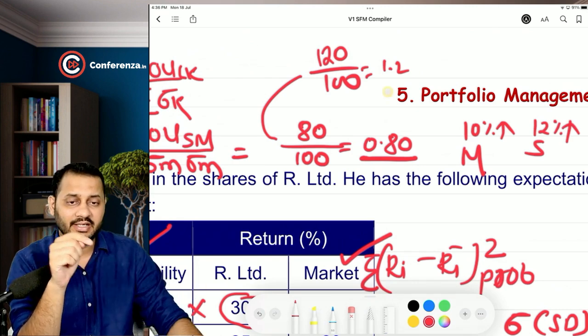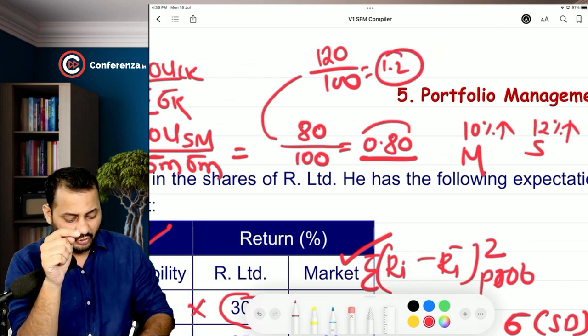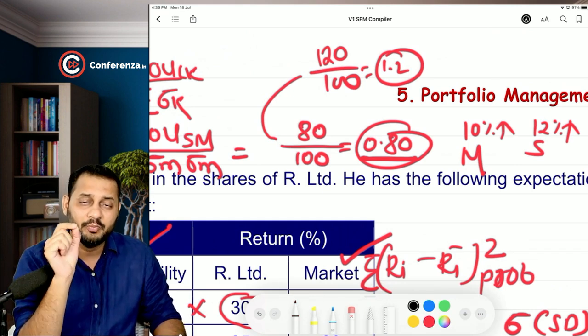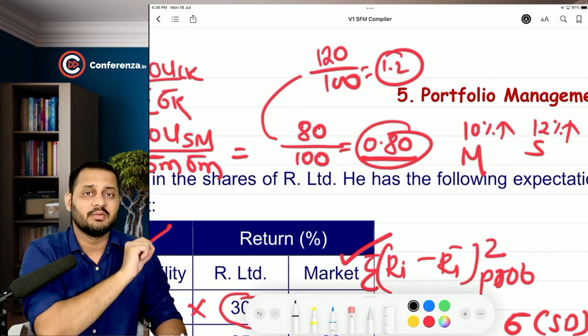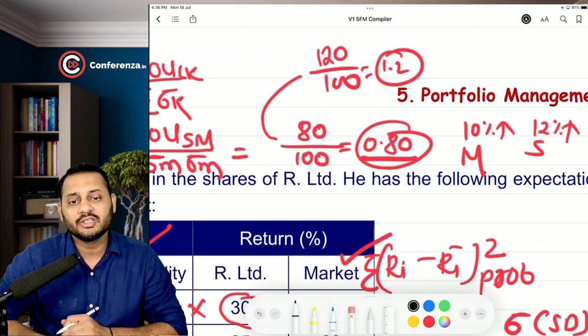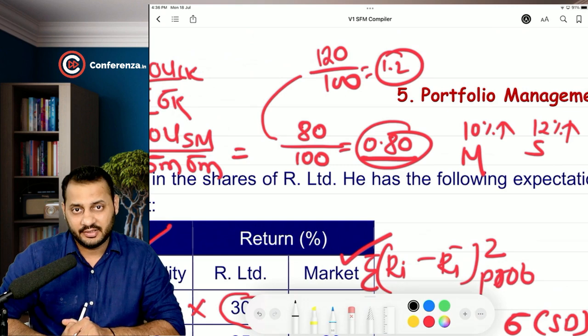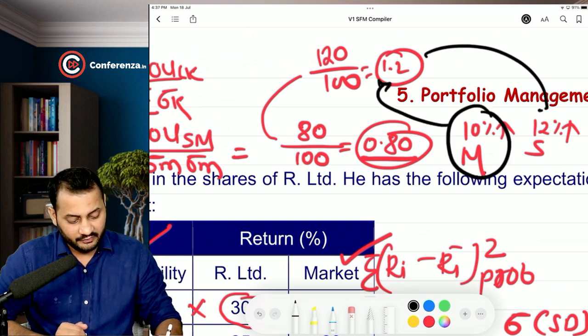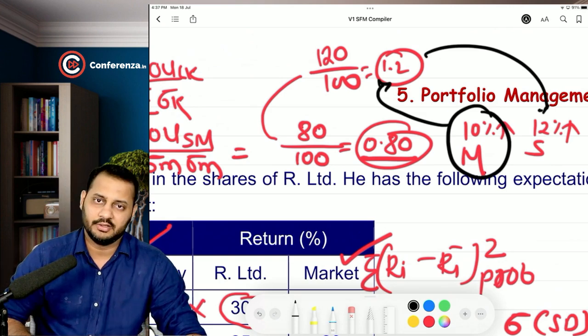This 1.2 or 0.80 shows the movement of the stock against the market. So the market's return multiplied by beta will give you the stock's return theoretically.